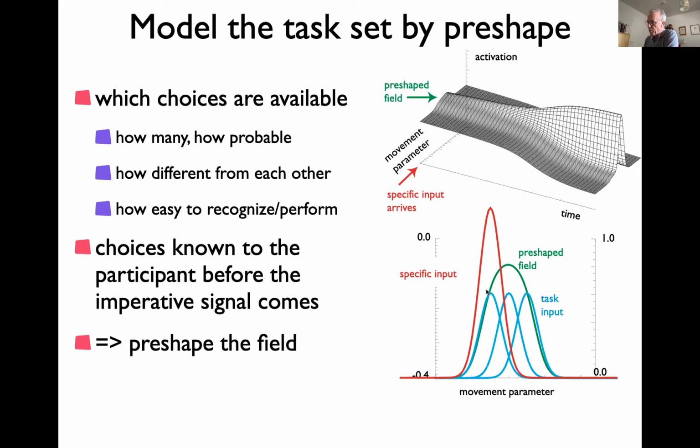It would arise over a pre-shaped field, and therefore the pre-shape would determine what happens. And all the reaction time effects arise from subtle differences in the relationship between the pre-shape and the kind of neural pattern that ultimately will have to be generated to make the response.